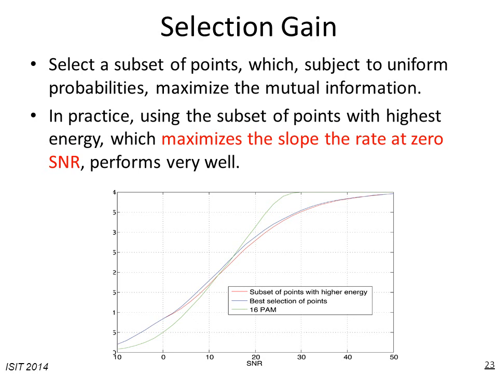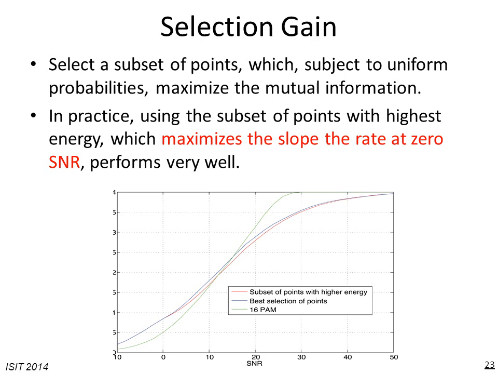Now, with these preliminary arguments, here I have the concept of selection gain, which means that we select a subset of points which, subject to a uniform probability distribution on the points, maximize the mutual information. In the curve that I have, the x-axis is the signal-to-noise ratio, and the y-axis is the mutual information.